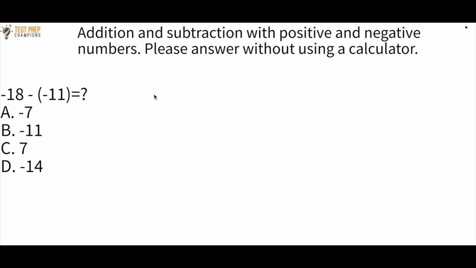Now, another different way to think about this that is going to give us the exact same result is to remember that minus a negative is the same as plus. So if I have negative 18 minus negative 11, since minus a negative is the same as plus, I can really just think of this as negative 18 plus 11.